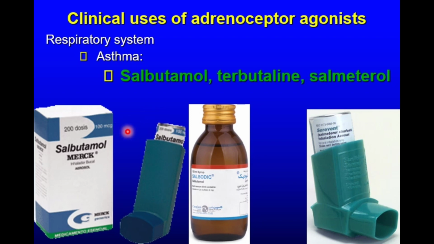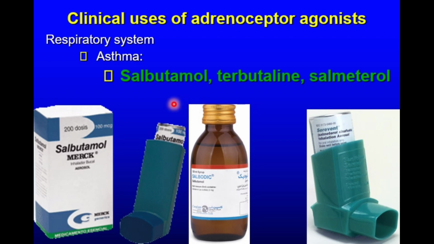Towards the end of the 1960s, salbutamol was developed as a selective beta-2 adrenoreceptor agonist. Salbutamol relaxes bronchial smooth muscle at doses that have little or no cardiac stimulatory activity.